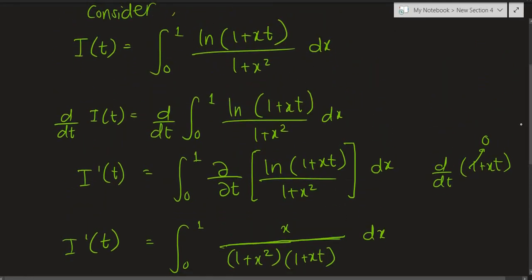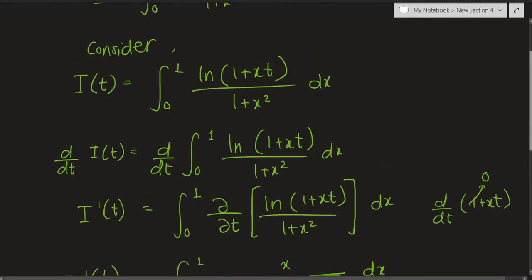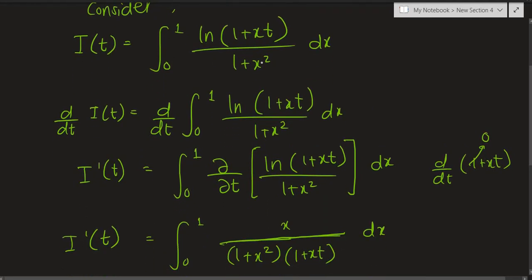So now why this parameterization works is because when we differentiate the natural log, we get this 1 plus x times t expression as it is unchanged, and we just get a simple x on top because we had to rely on the chain rule.